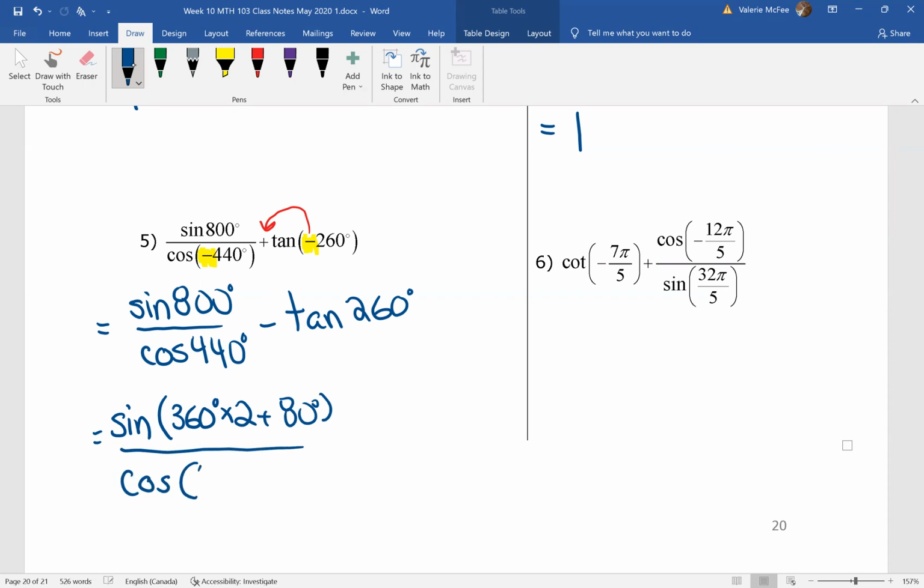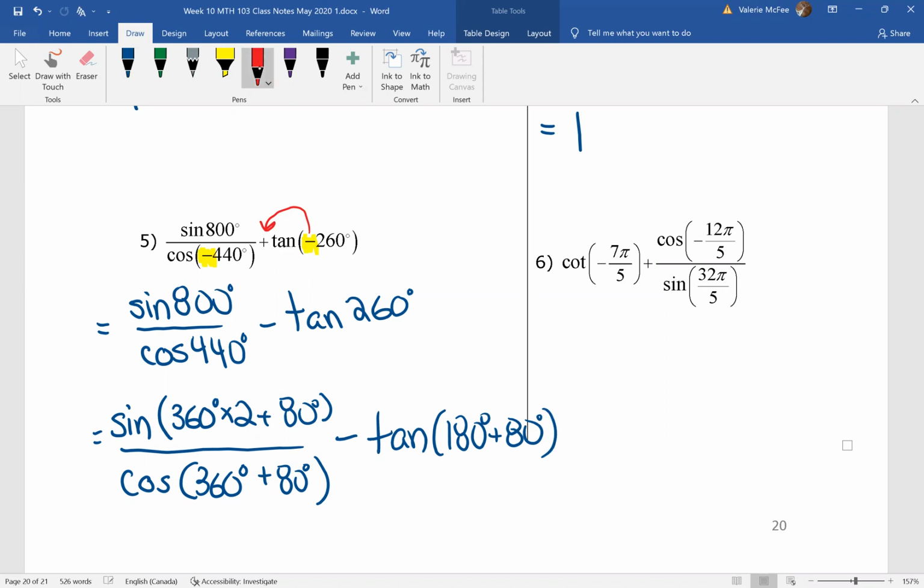Cosine 360 degrees plus 80 gives me 440. Tangent repeats every 180 degrees. 180 plus 80 equals 260.